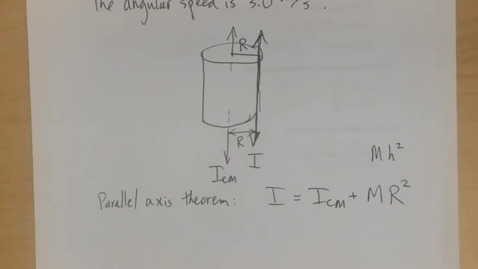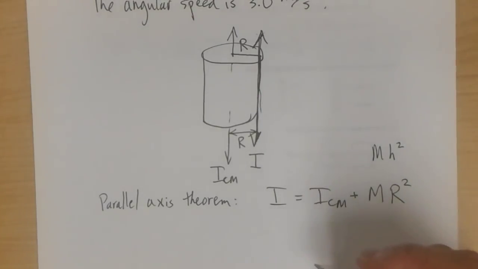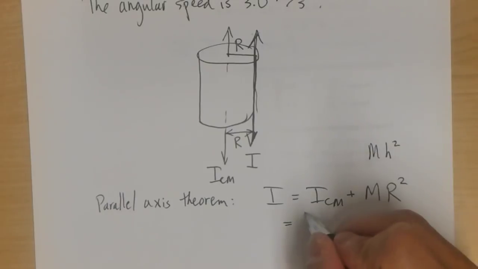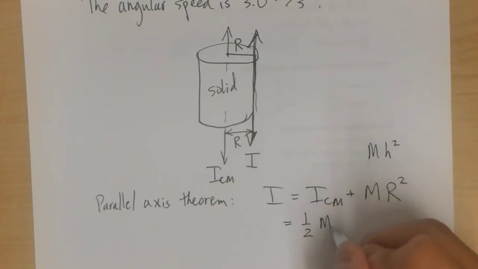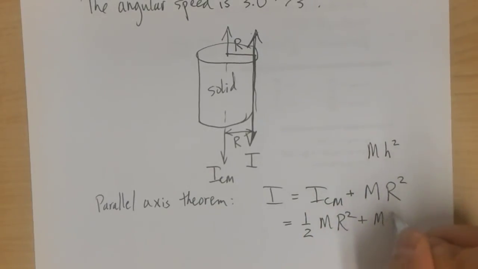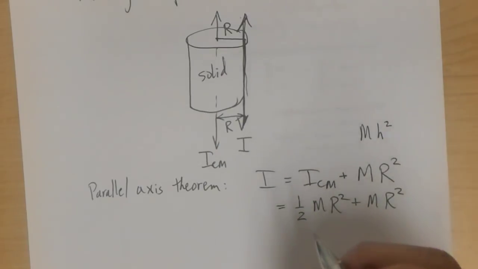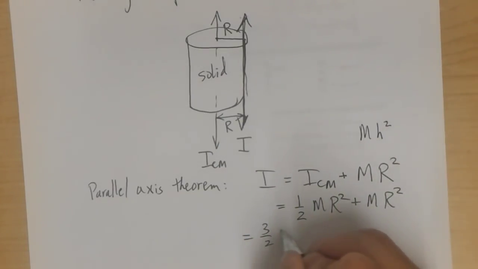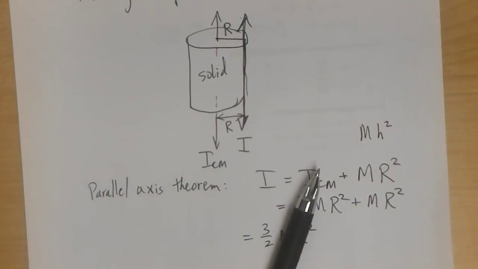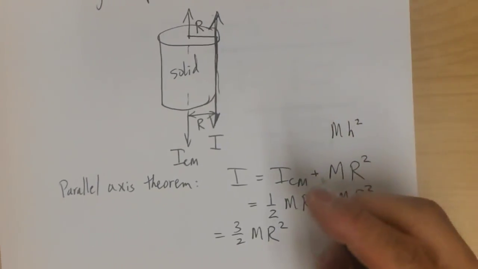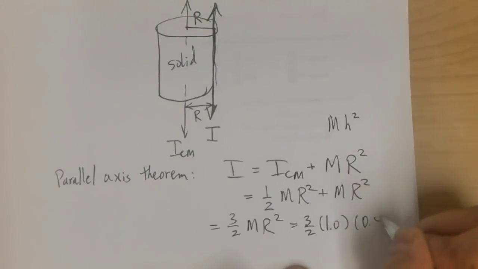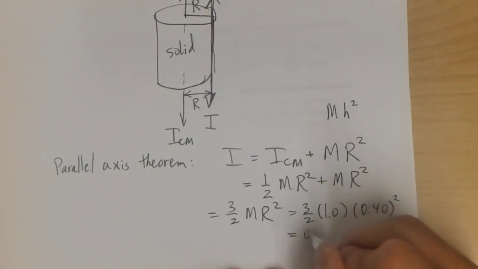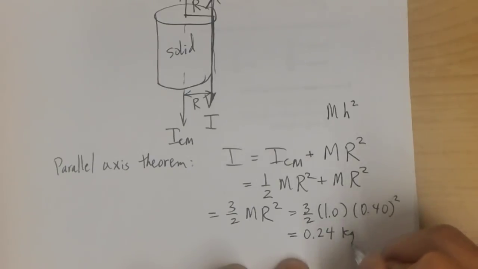In this case, the separation is capital R. So now the moment of inertia about the center of mass for a solid cylinder is 1/2 mr squared plus mr squared, and that gives 3/2 mr squared. And we can plug in the values, and we get 3/2 times 1.0 times 0.40 squared, and that comes out to 0.24 kilogram meters squared.